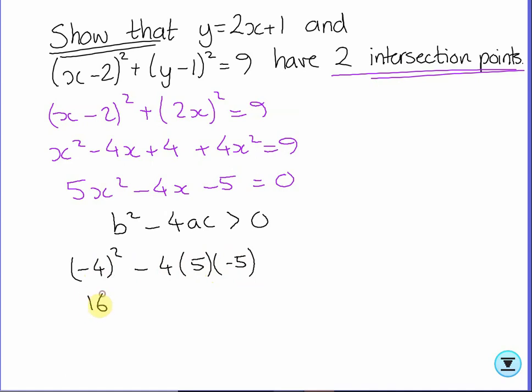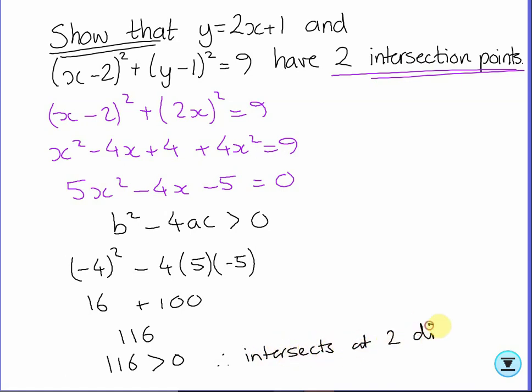So we get 16 plus 100, so equals 116. So 116 is greater than 0, therefore intersects at 2 distinct points. That is definitely quicker than actually finding them.